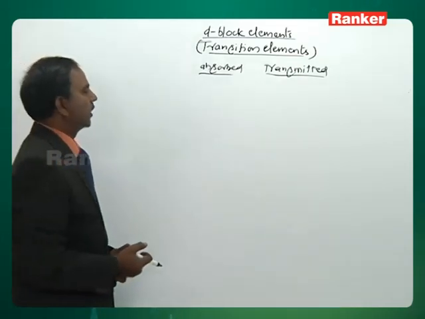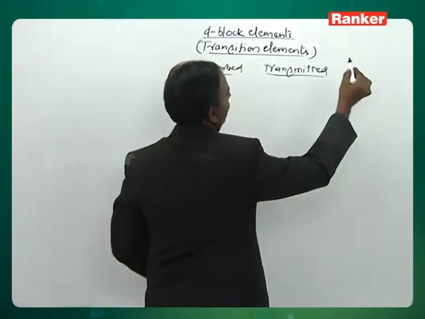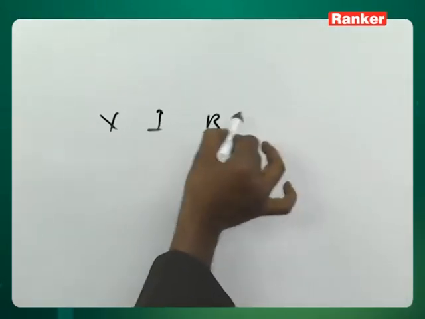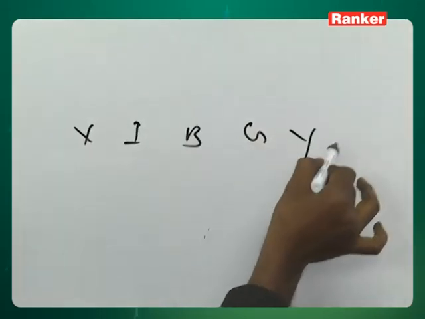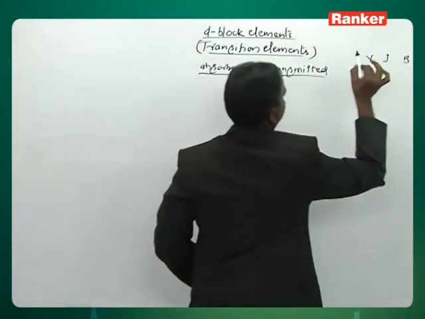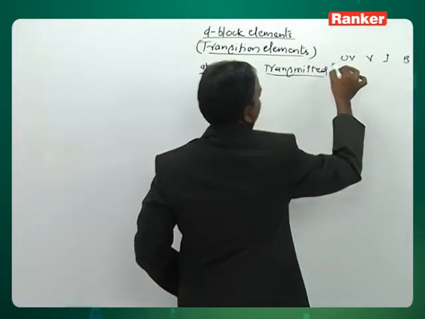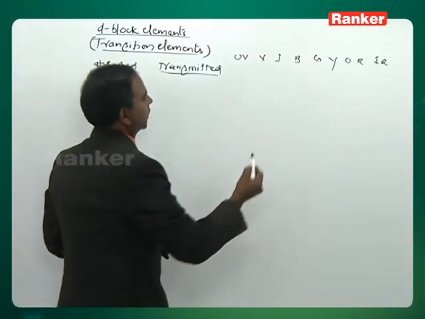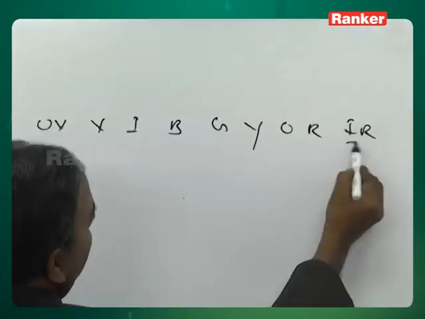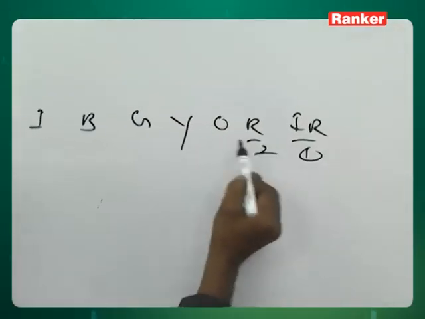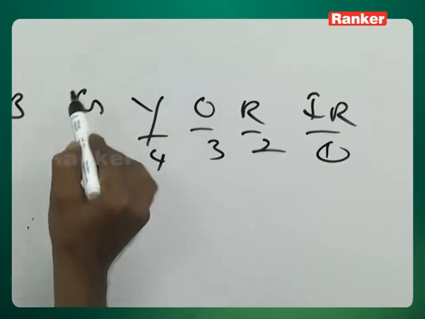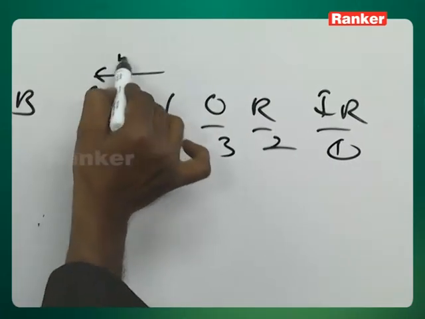Let me make a table here, then you can easily understand what color is absorbed and what color is transmitted. First I will write VIBGYOR. Here I write UV, and here IR. Let me number these colors. You see, it is infrared, red, orange, yellow, yellow green, a combined color is there.